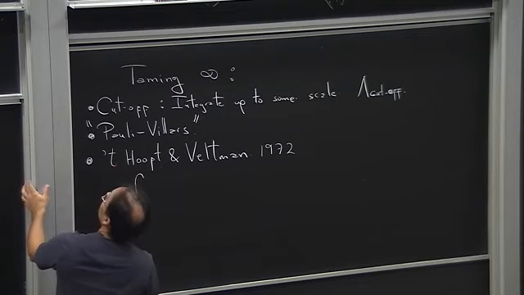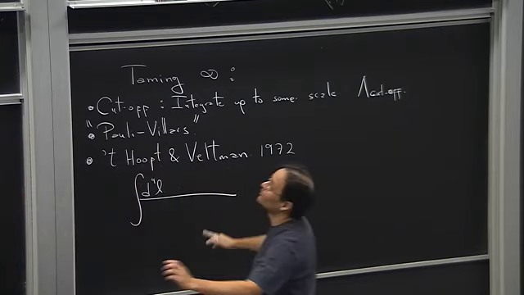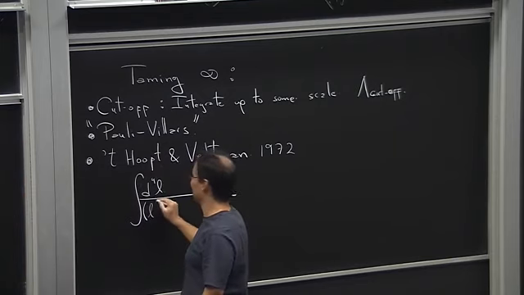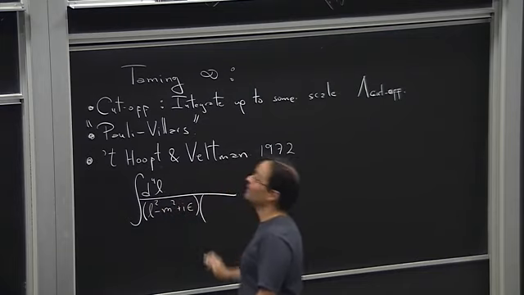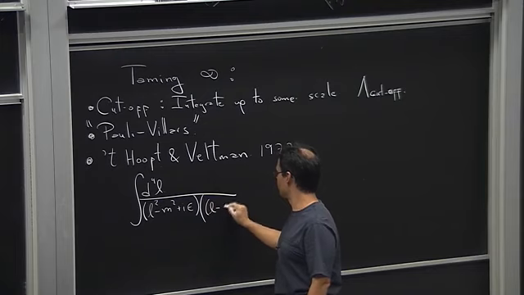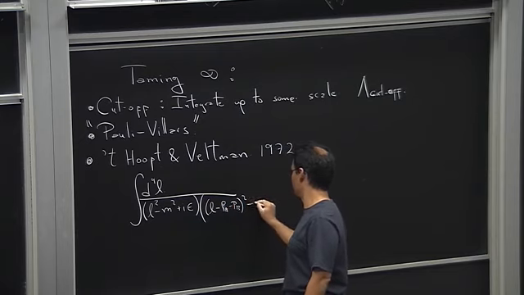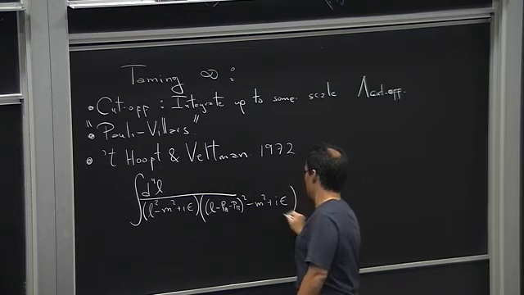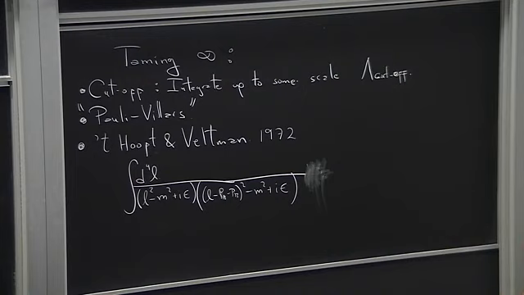So let's look at our integral. Let's think about this regulator in the example of our integral. So our integral is this. Okay, so how do we do this integral? Well, it looks incredibly complicated.